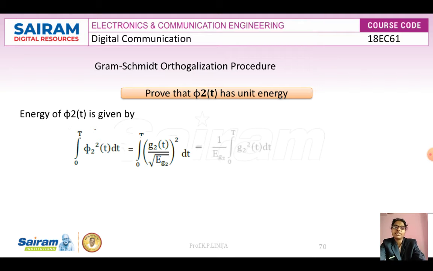After integration, since Eg2 is constant, we take it outside, so we get 1 by Eg2 times integral 0 to T of g2 squared of t dt. Therefore, it can be written as 1 divided by Eg2 into Eg2.